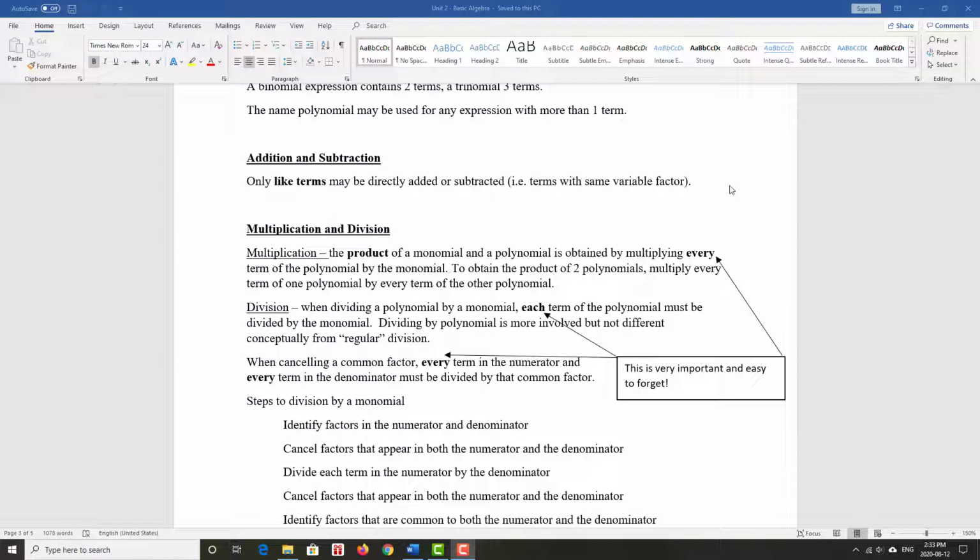So you would have seen this, if you had 2a plus 3b in brackets multiplied by a plus b, which is also in brackets, you did that expanding out so that you had a bunch of individual terms and you got rid of all the brackets.